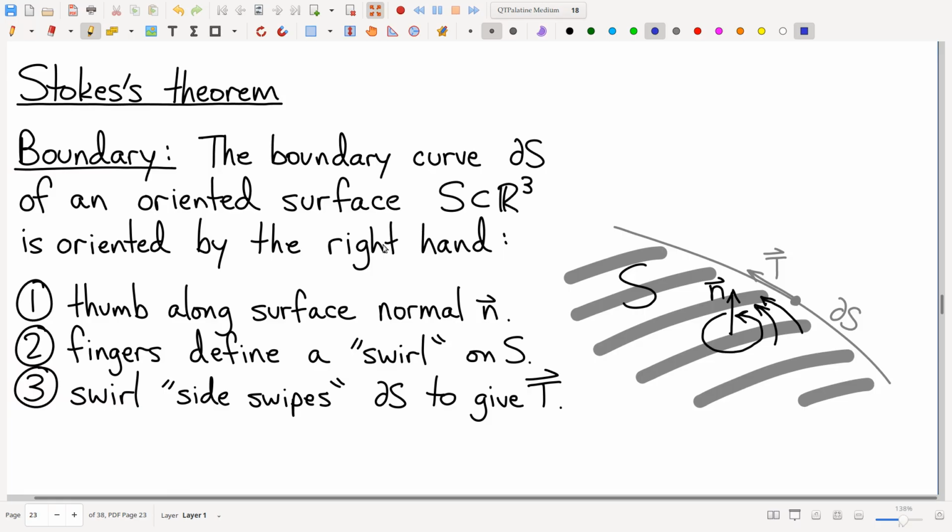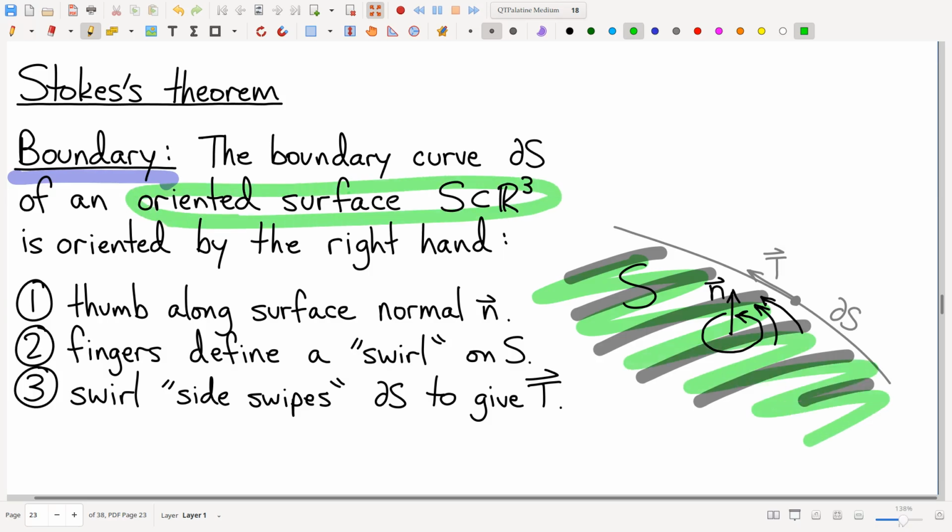So in order to do so, I've got to talk about boundaries again. Recall, boundary, loaded word. This does not just mean the set of points. This is very specifically an oriented thing, and the orientation is really, really important. So when you have, for example, some surface like so, and specifically when I say surface, I mean an oriented surface.